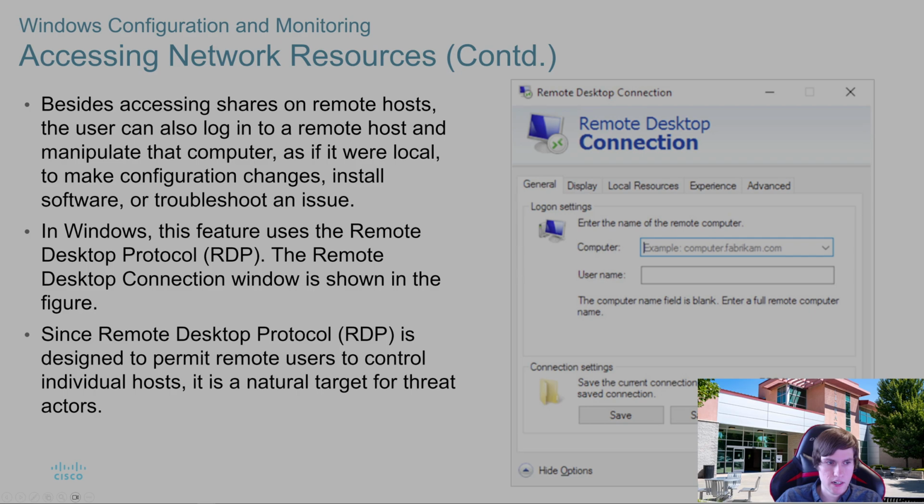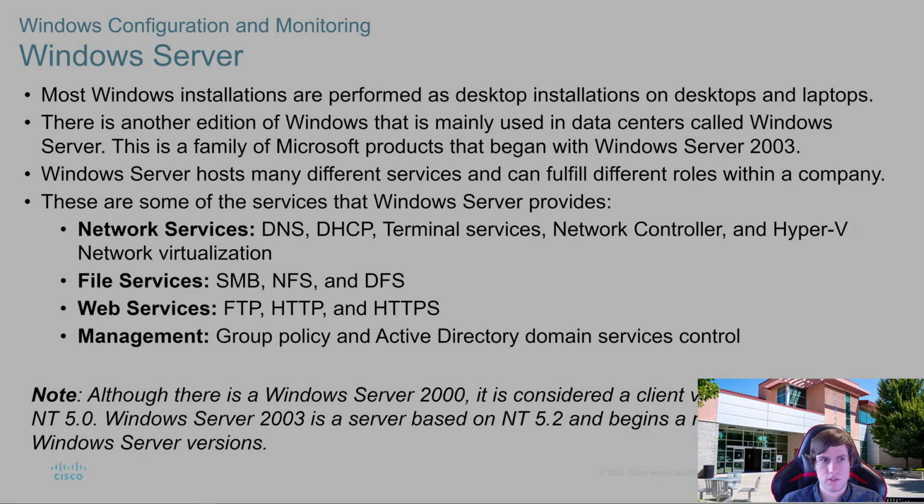Windows Server. Most Windows installations are performed as desktop installations, so I don't know if many of you have ever installed a server, but it is a different kind of installation. It's not like you download Windows 11 and then it's a server. Most of the time, it is a completely separate operating system that has its own million files, right? So it has a lot of services that you do not need on your home installation.